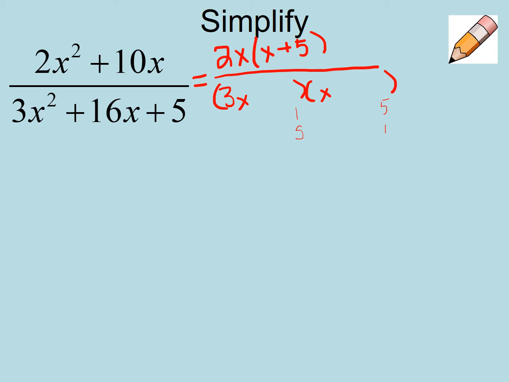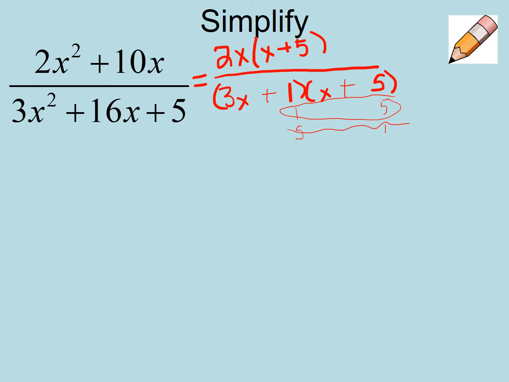If we take 3 times 5, we get 15, plus 1. It looks like I should put 1 in the first set of parentheses and 5 in the second set of parentheses. It wasn't the other way around, because if we took 3 times 1, that would be 3, plus 5 would get me 8 in the middle. So that's not the right one. And because it's getting multiplied to a positive number and added to a positive number, we know this is plus plus. So now we have factored the top and the bottom.